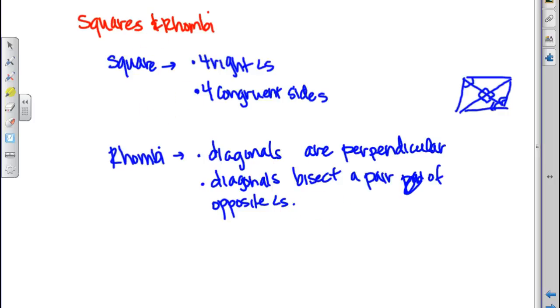All right, so let me give you a rhombus here and let's check it out. All right, so go ahead and draw your diagonals in.